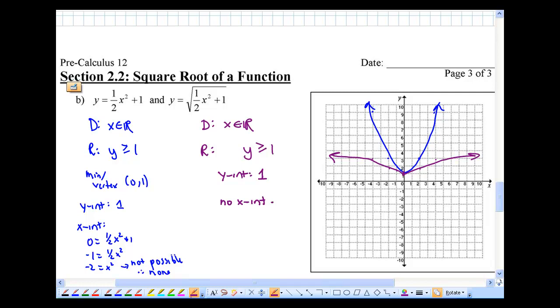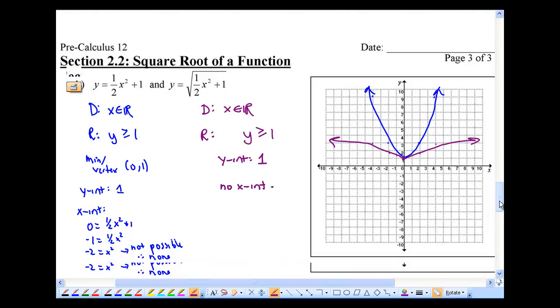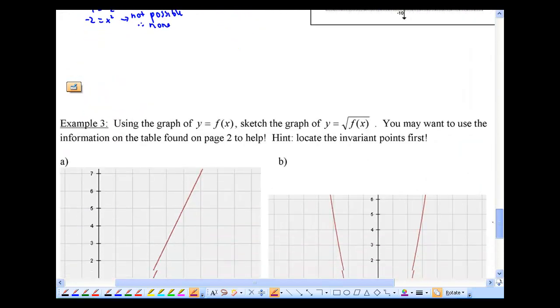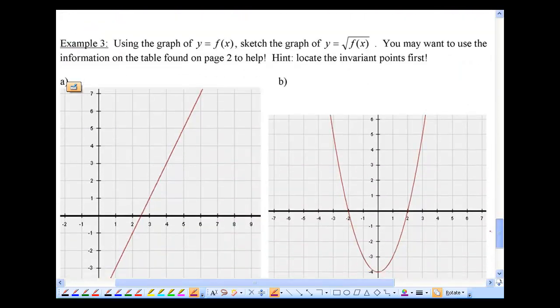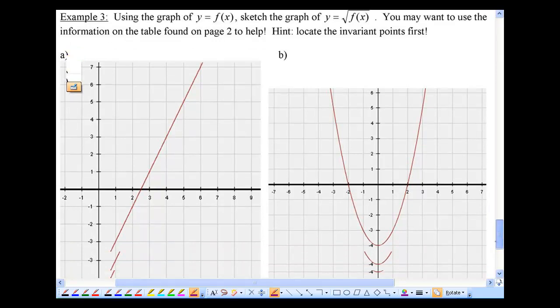Last but not least, what if I actually gave you the graph and I asked you to now sketch it out? Once again, use that chart on page 2. I don't really want to do this with you because I think it's pretty self-explanatory, so I'm going to ask you to try it. Remember, use that chart. Look at the y values that are less than 0. Then look at the zeros. Then look at between 0 and 1.